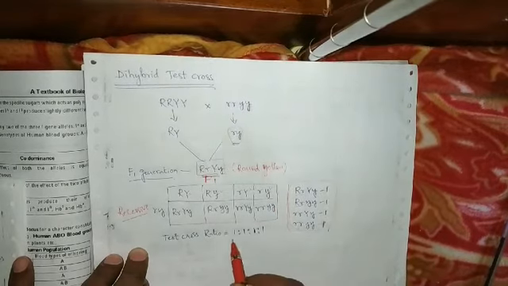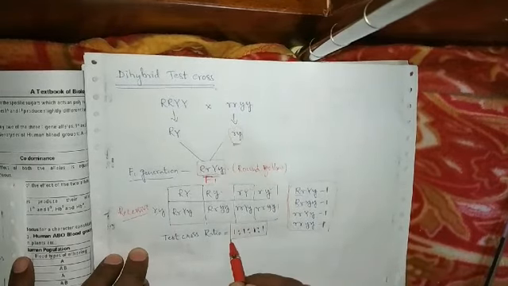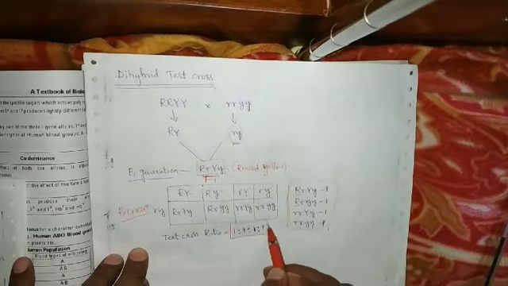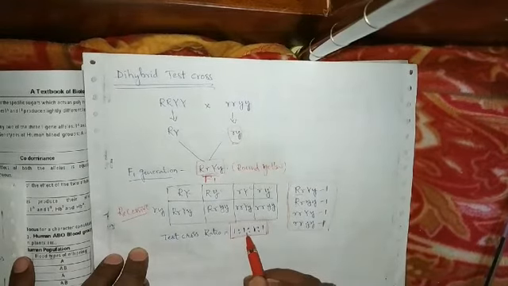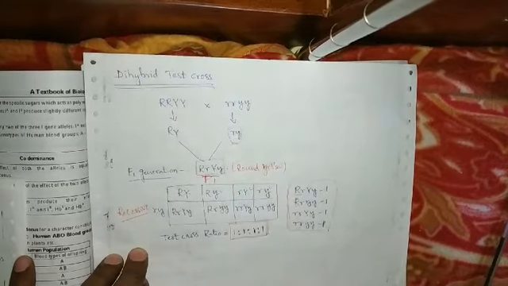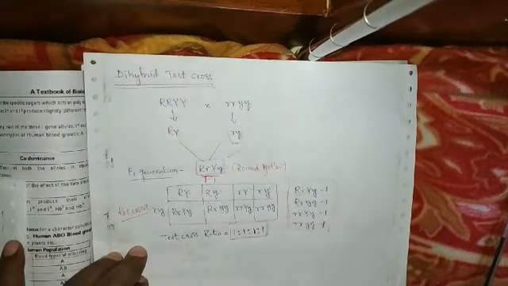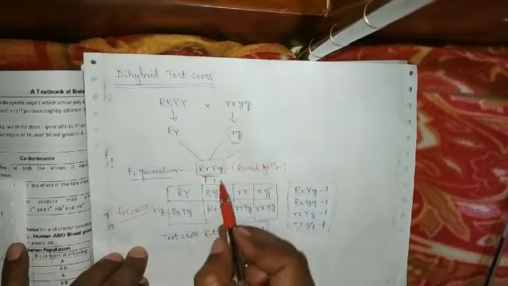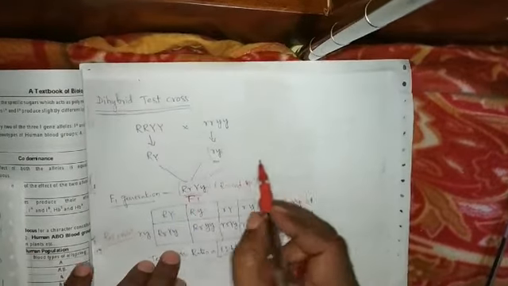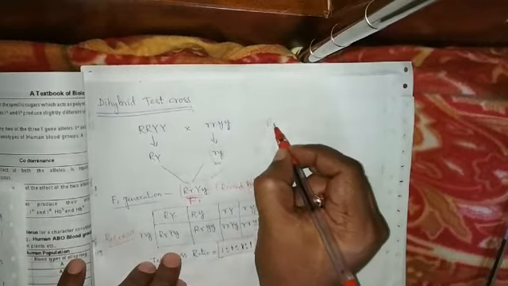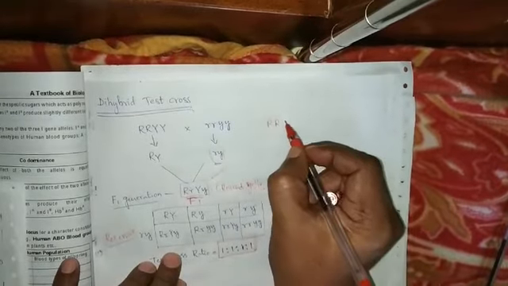1:1:1:1. So, if the test cross ratio of this dihybrid cross is 1:1:1:1, then definitely this is a heterozygous round and yellow. Suppose it is a homozygous round and yellow. Then what kind of gamete do we get here?